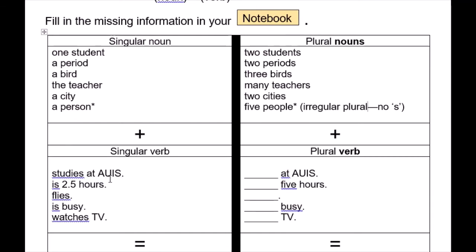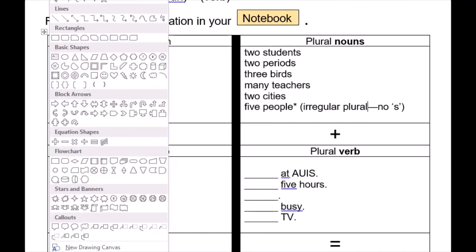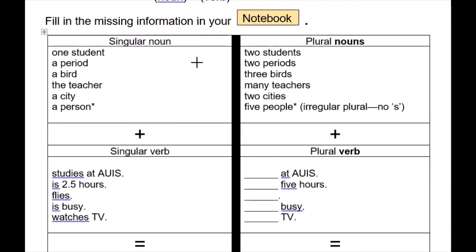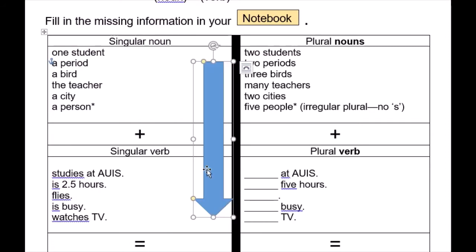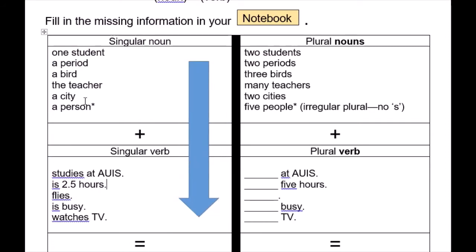So in this table, we're actually going to write the sentences in this direction, okay? So singular noun, 1 student studies at AUIS. A period is 2.5 hours. A bird flies. The teacher is busy.